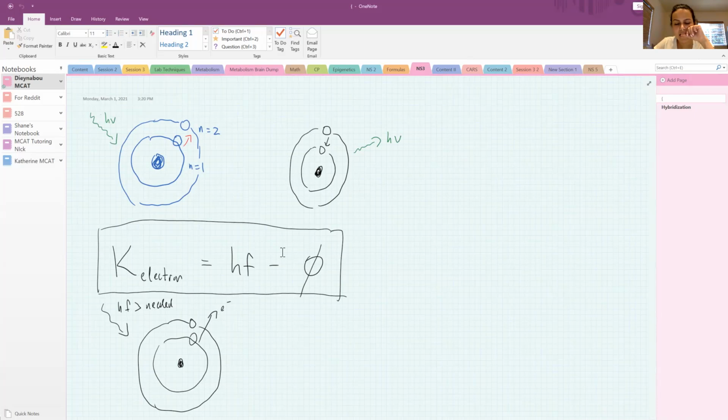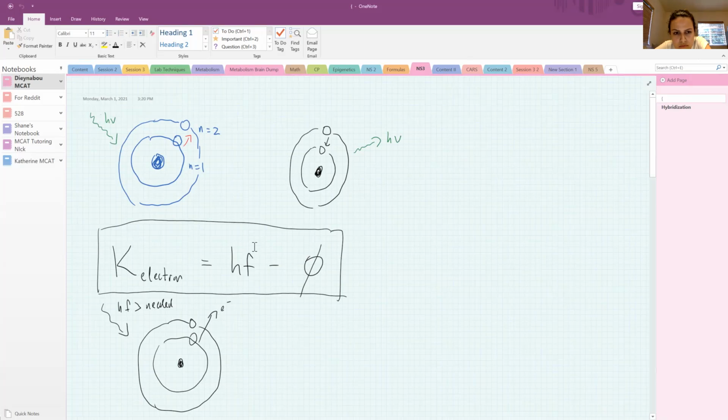Think of the work function, aka ionization energy, as being analogous to the bond dissociation energy. And then this is the excess.